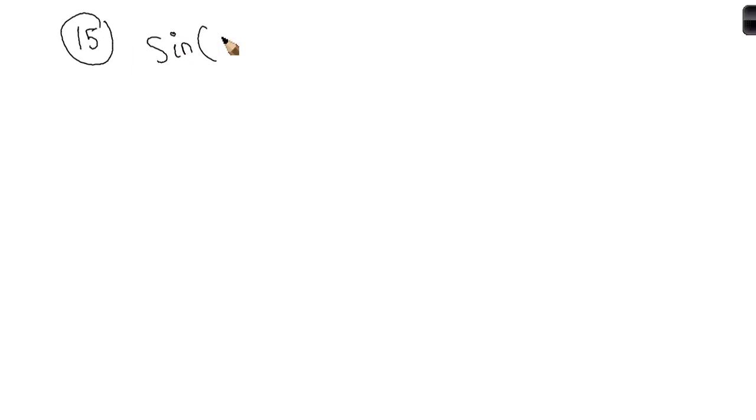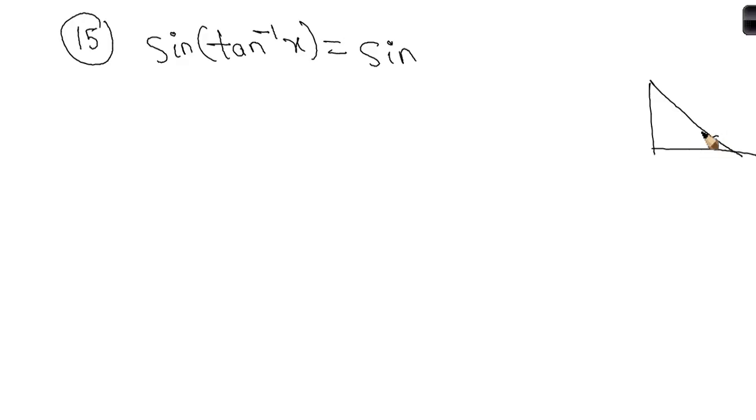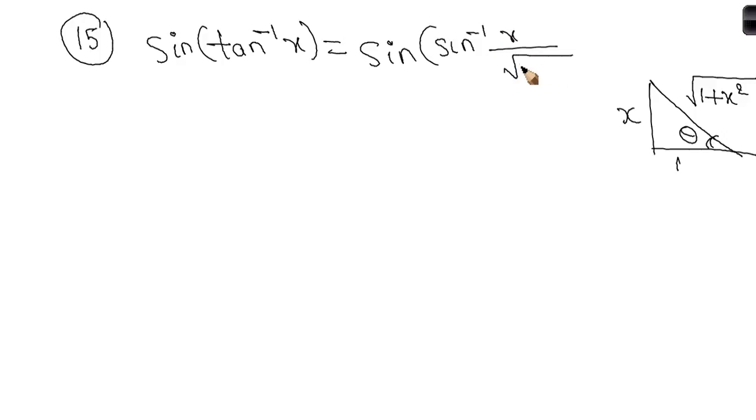Sin of tan inverse of x is equal to sin of theta, with sides x and 1 and hypotenuse root of 1 plus x square, so theta is sin inverse of x upon root of 1 plus x square.